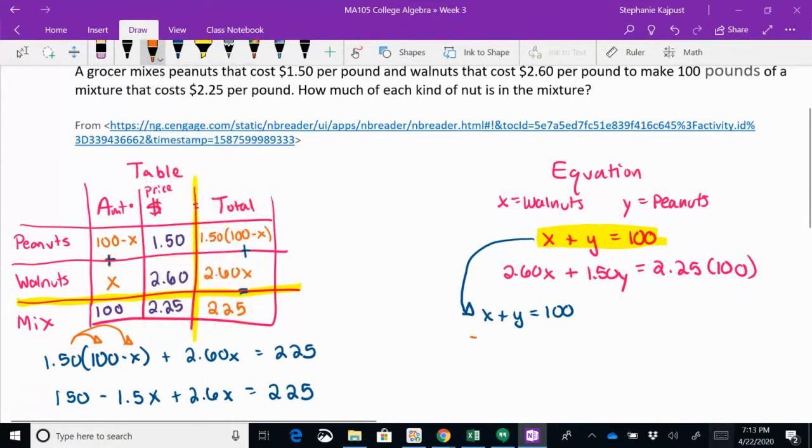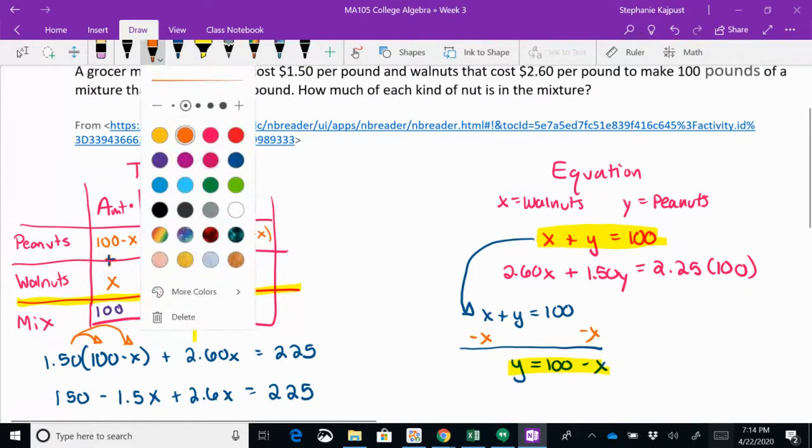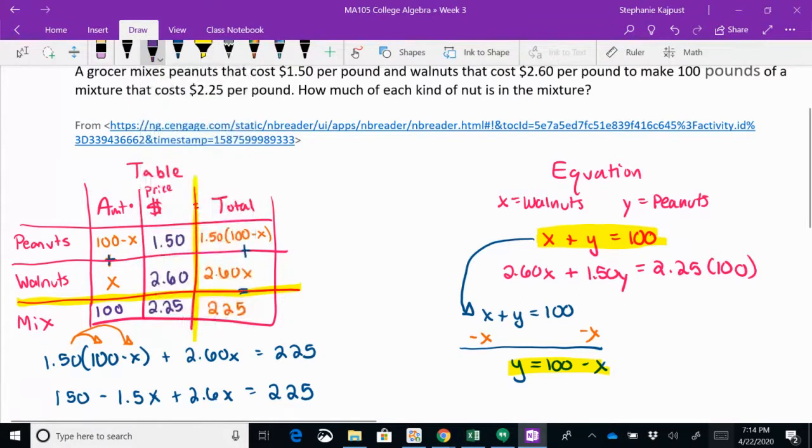So I'm going to subtract x from both sides. And this gives me y equals 100 minus x. Once you have that, you then take that and replace the y in your other equation with what it's equal to.